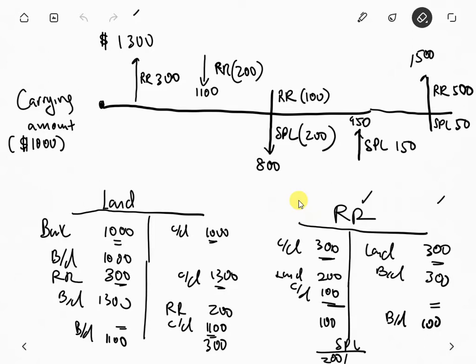What if 1,000 down to 800, expenses 200, right? From 800 up to 1,100, 200 is income, 100 is RR. So you have the baseline.